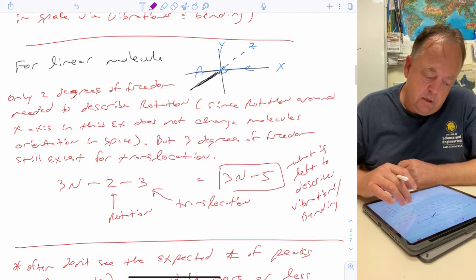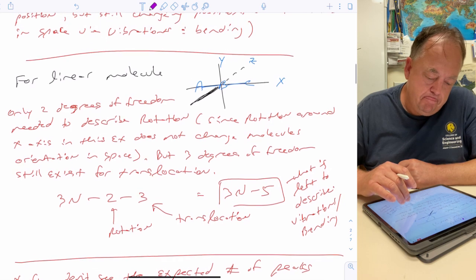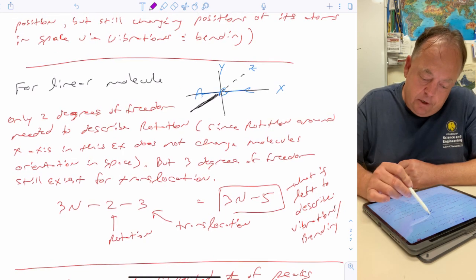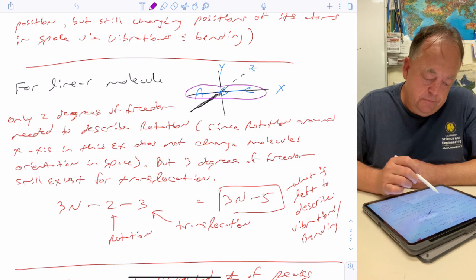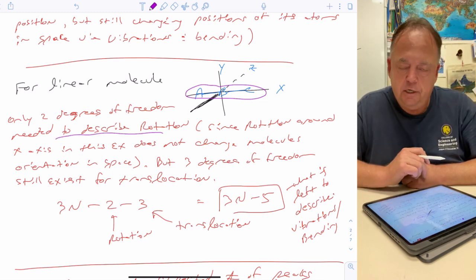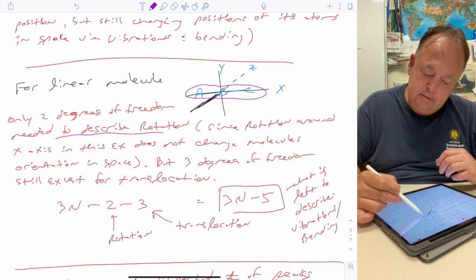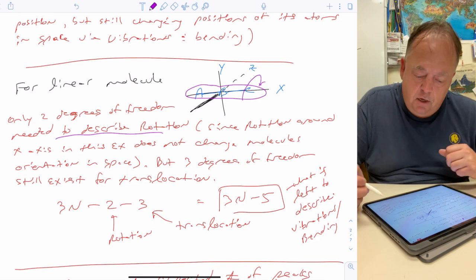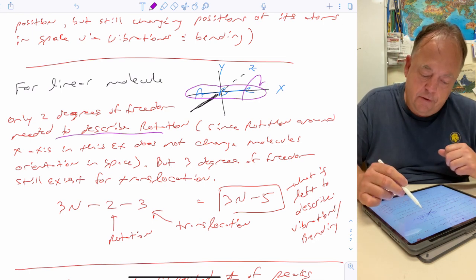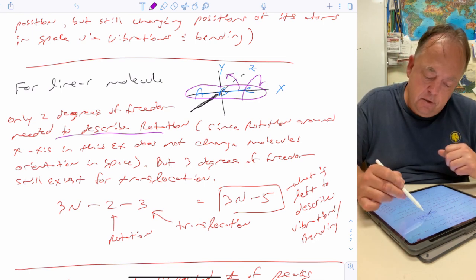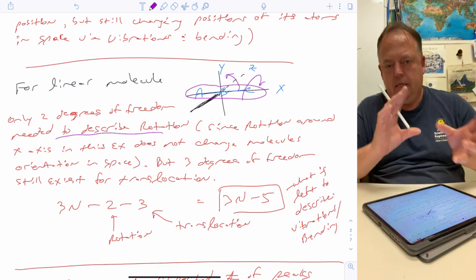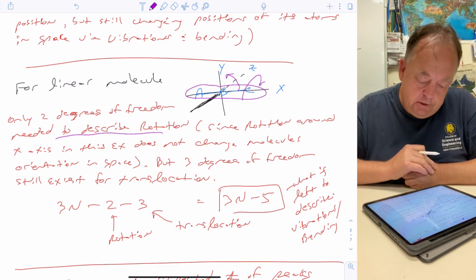Okay, so for a linear molecule, if we had a linear molecule, ABC, for example, there are only two degrees of freedom needed to describe the rotation. That's because if it rotated around the x-axis, there's no change. But if it rotated around the y-axis or the z-axis, then that would change where all of the atoms are in space.